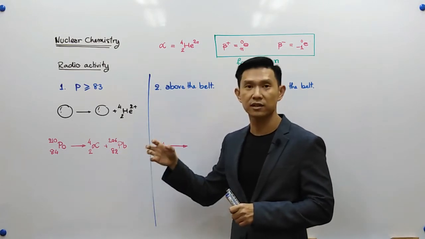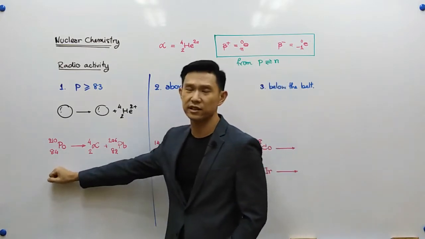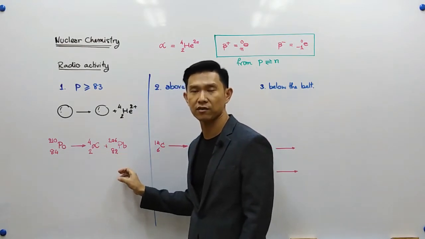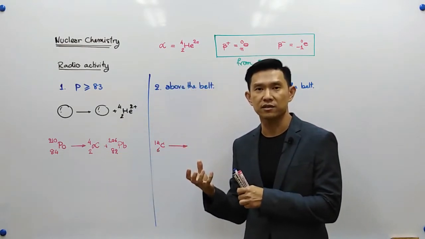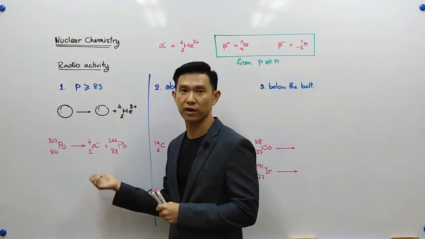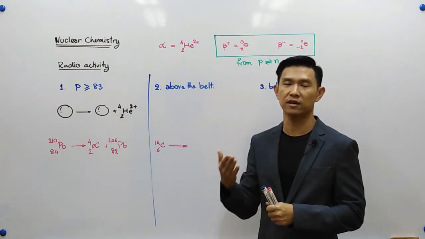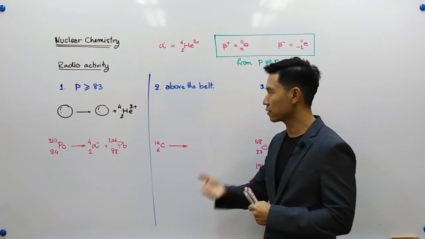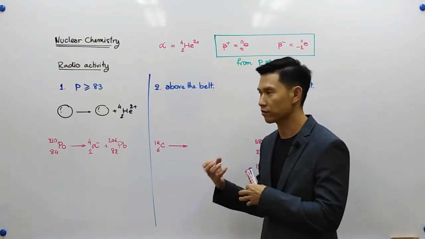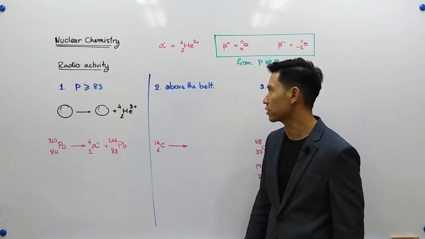The extra energy is released, so the energy in the nucleus is decreasing. The extra energy is transformed to kinetic energy for the alpha, right? So you kick out the alpha, it goes very fast, near the speed of light, okay? It gets off from your nucleus by the kinetic energy that is transformed from the potential energy in the nucleus.